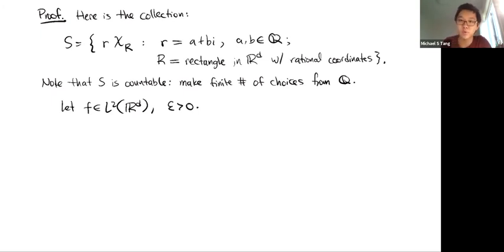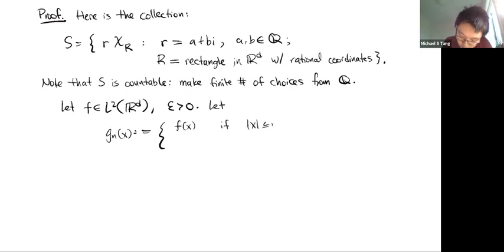I think we used it in the proof of dominated convergence. So let g sub n, where n is a positive integer, be, sorry, I should put x's: g sub n of x equals f of x if both x is of small magnitude and f of x is of small magnitude.